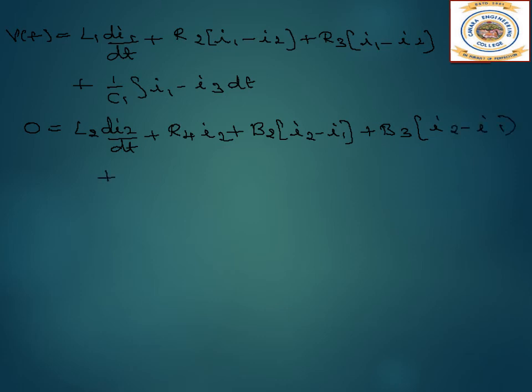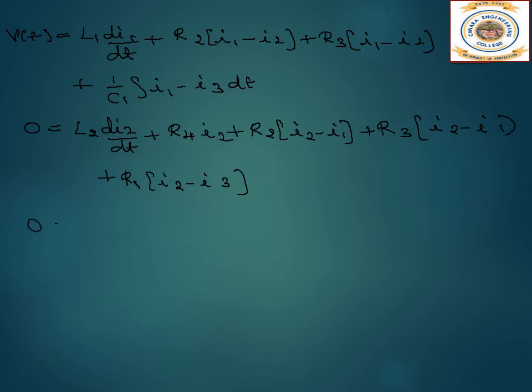I'm making a mistake over here; this should be R2 and this is R3, since I had not substituted there. So we finished L2, R4, R2 and R3. Next we have B1, so that will become R1 into (I2 minus I3). So this is equation 2.